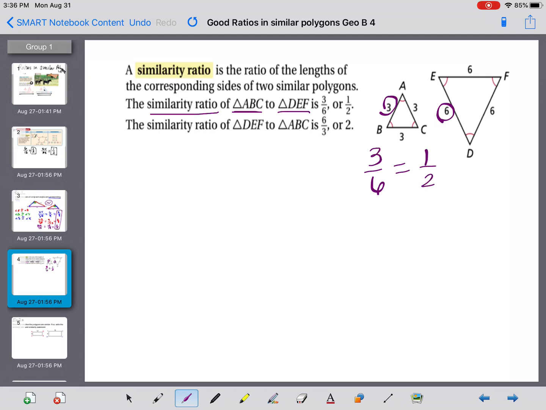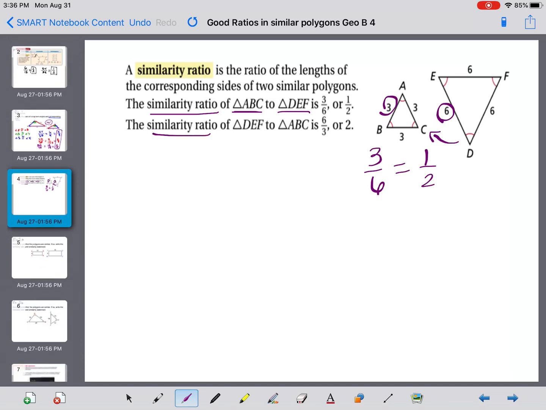But if we go the other direction, from triangle DEF to triangle ABC, we flip the numbers, 6/3, or a ratio of 2. So it's important to know which triangle you're mapping to which triangle to figure out your similarity ratio.